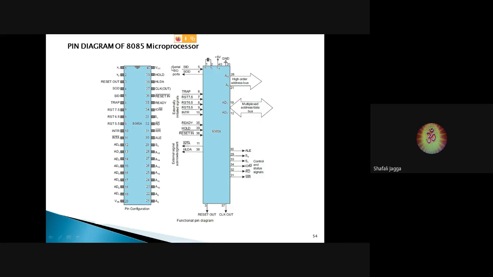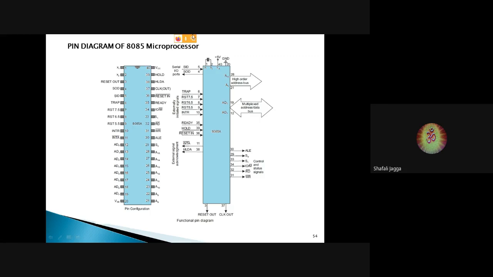Then we talk about power signals, VCC and VSS. Here pin number 20 is always connected to ground, that is VSS, and pin number 40 will be connected to plus 5 volt, that is VCC. For making this IC operational, it must be given the supply voltage. So pin number 40 is connected across 5 volt and pin number 20 is connected across ground.